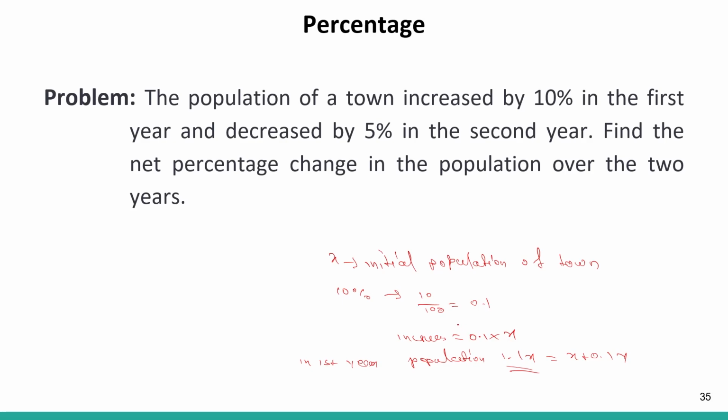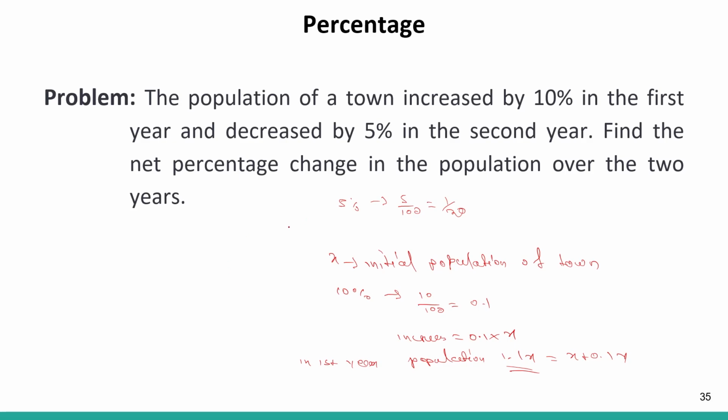Okay, as the population, and then it decreased by 5%. So 5% in decimal is 5 by 100, that is equal to 1 by 20, right? So what we have right now is 5% of the population at the start of second year.